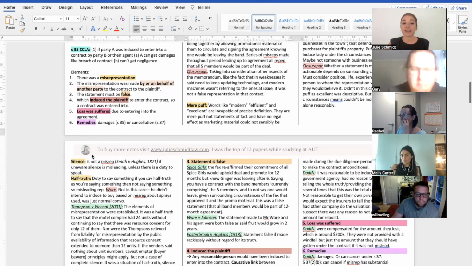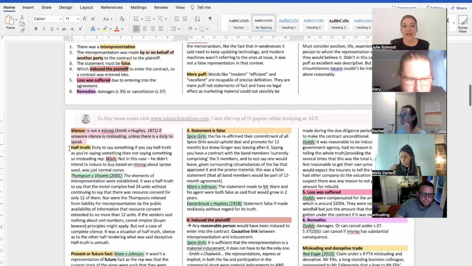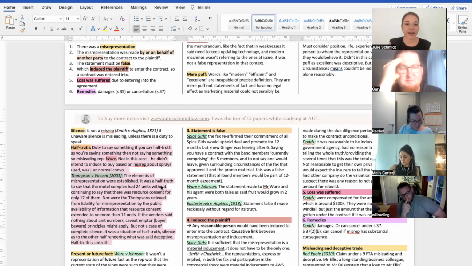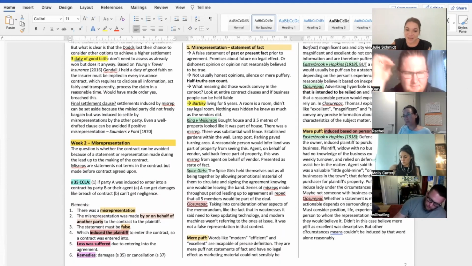If you're silent, it's generally fine. It's on the buyer or the other party of the contract to do some due diligence. But if you say half the truth, then that's a misrep, because you put something out there that was only half the truth. Therefore, you represented that half truth was the whole truth. So that counts. And relevant to our question is mere puff.